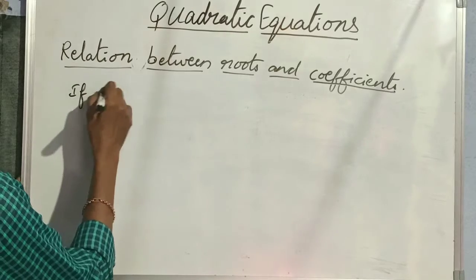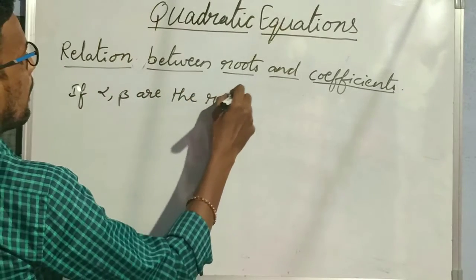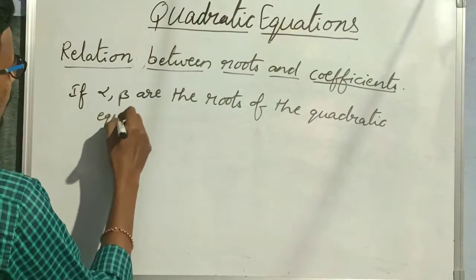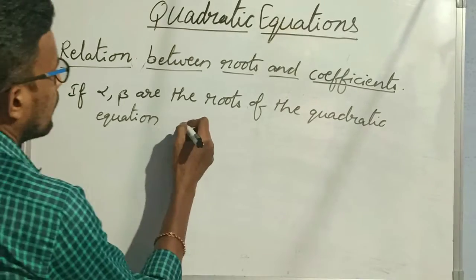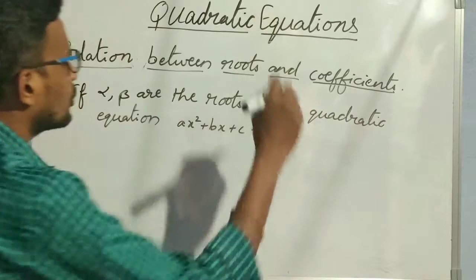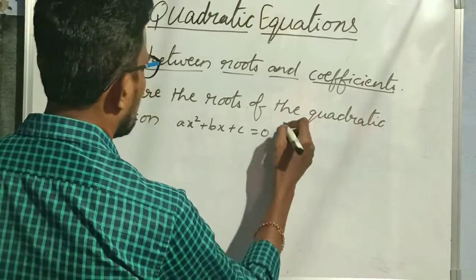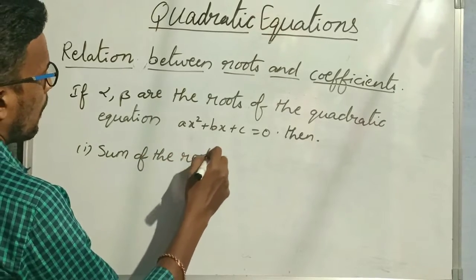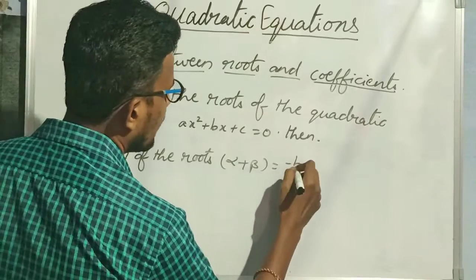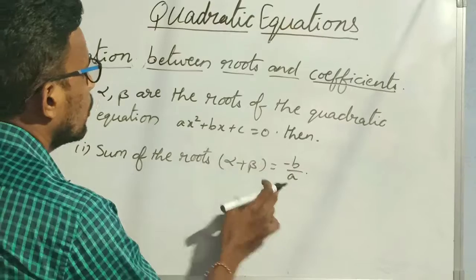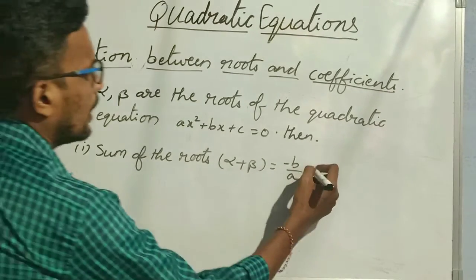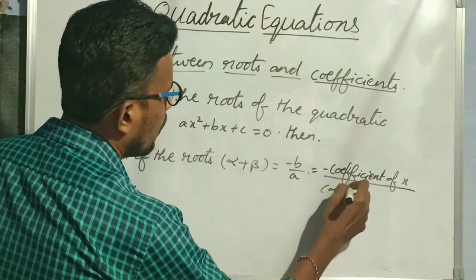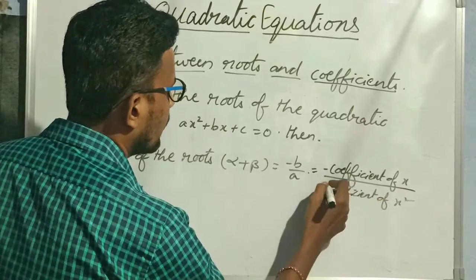If alpha comma beta are the roots of the quadratic equation ax square plus bx plus c is equal to 0, then first point, sum of the roots, that is alpha plus beta, is equal to minus b by a, that is minus coefficient of x by coefficient of x square. Clear?